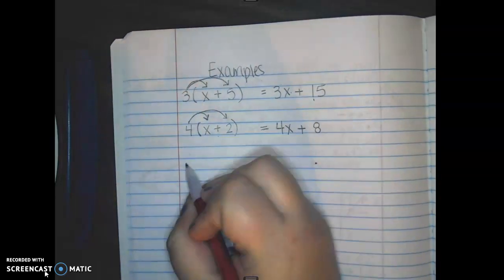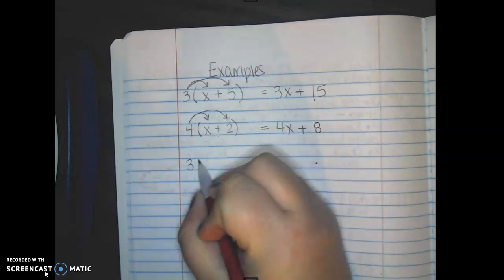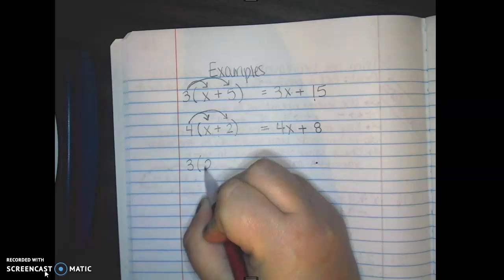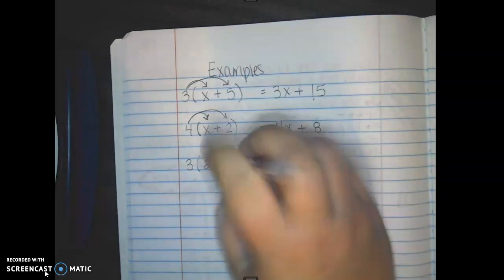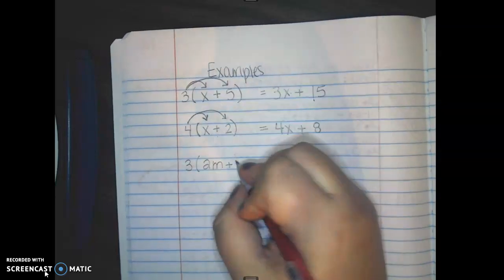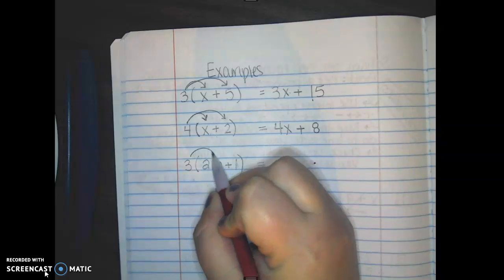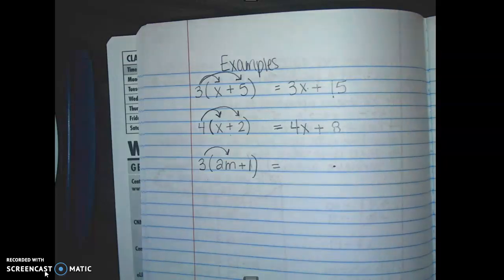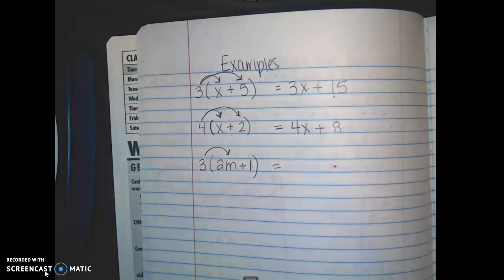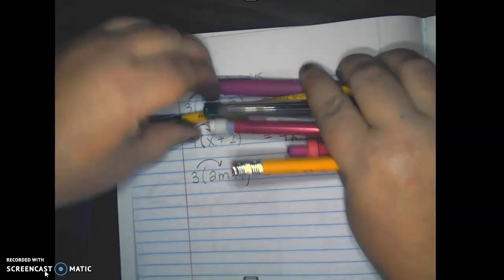So let's look at it when it's a little bit different. So how about 3, and we'll do 2m plus 1. So I'm going to do 3 times 2m. So a good way to think of this is if I'm looking at maybe some objects, okay? So I have 2m, so I'm going to say 2 writing utensils. So there's 2 writing utensils.